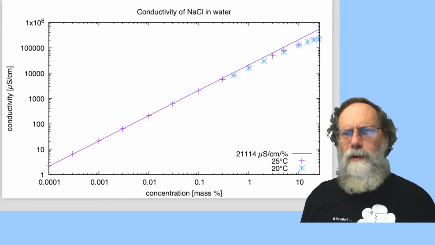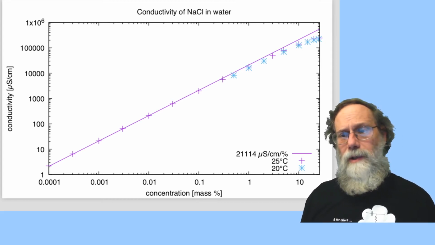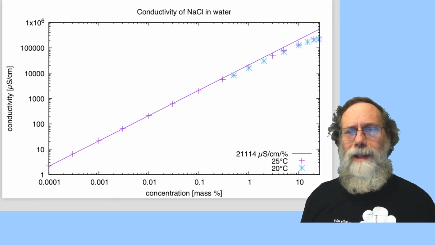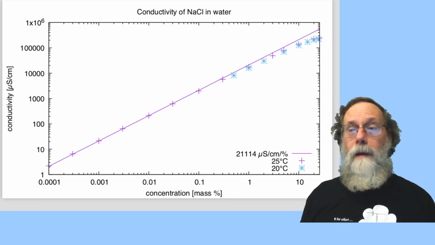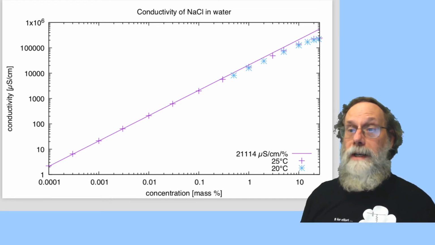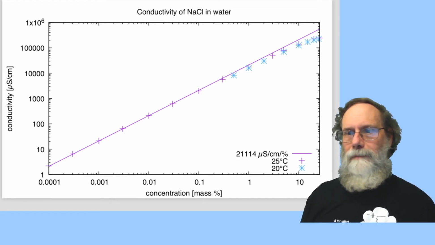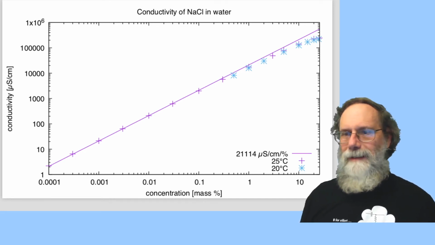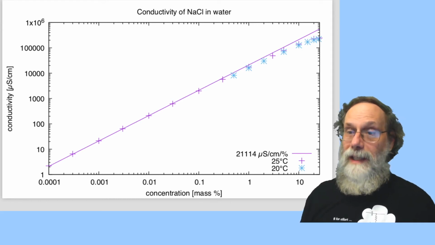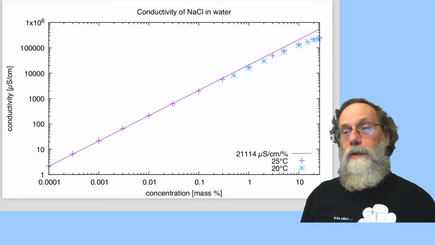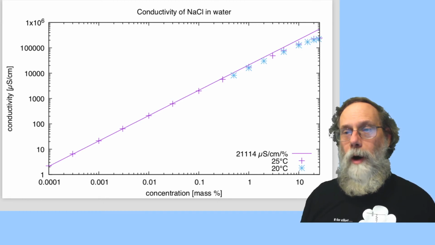That 18.2 megohm centimeters that Millipore claims, you don't really get that, because to get that you have to dissolve monatomic gases, argon or xenon or helium or something, in the water, because if you just expose it to air, water that pure would pick up carbon dioxide.